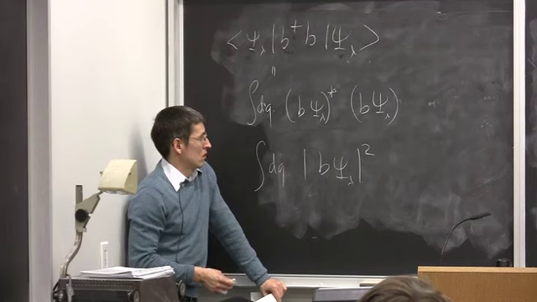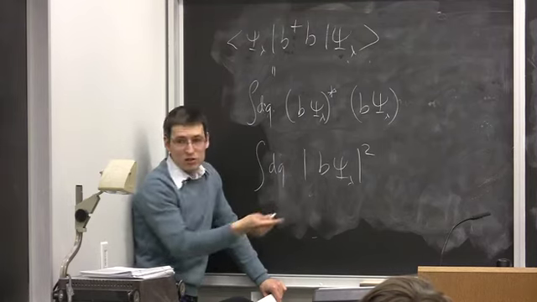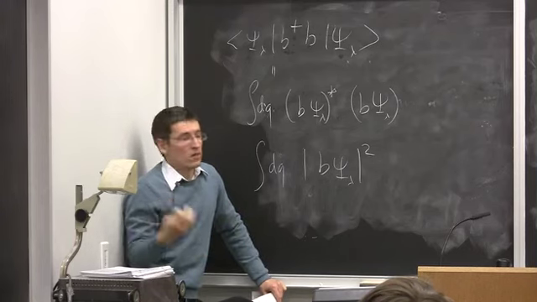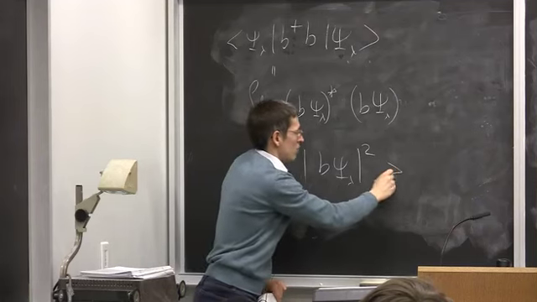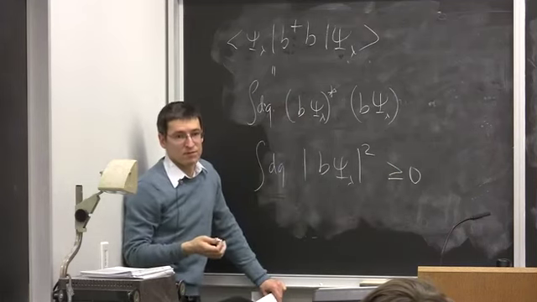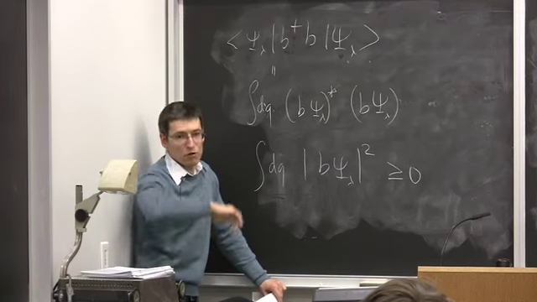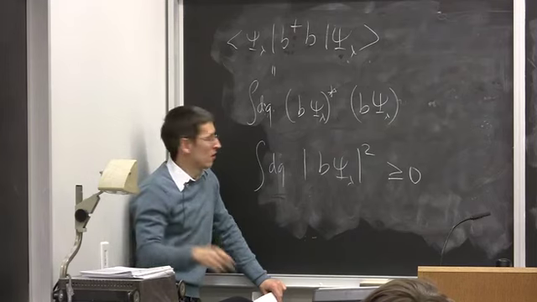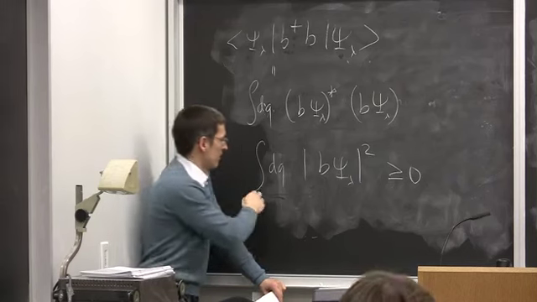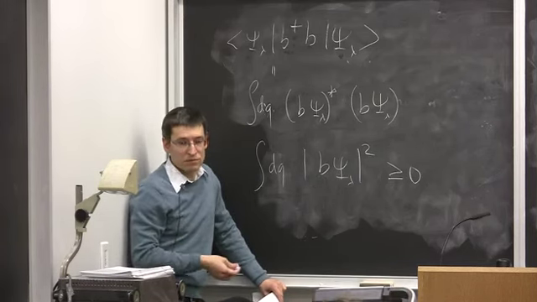Now, what does this tell us? For the absolute value of any function you give me, if I take the absolute value and take an integral, this integral will always be greater than or equal to 0. It cannot be negative. The integral is the area under the curve, and if the absolute value squared is always above 0, then the area under the curve will always be positive, or 0 in the worst case.